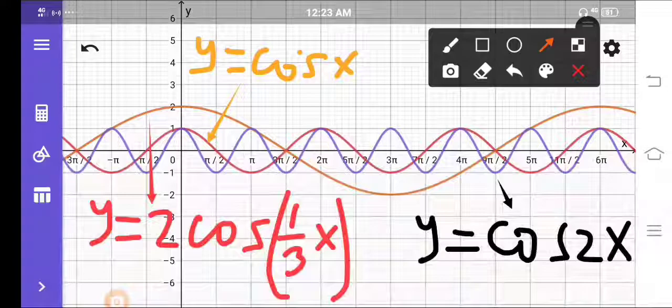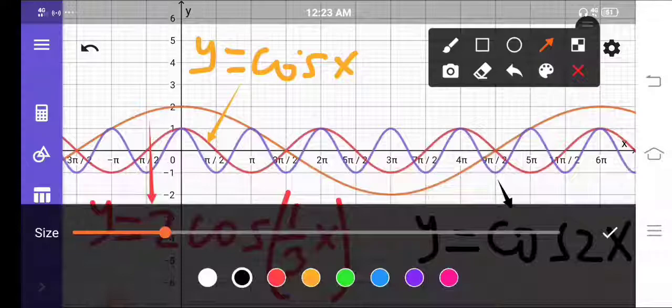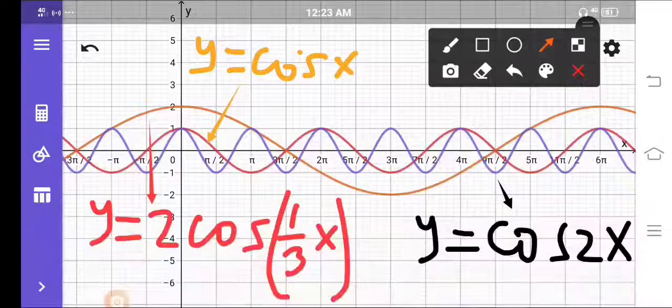So again, in our original graph, y is equal to cosine x. This is the original graph.